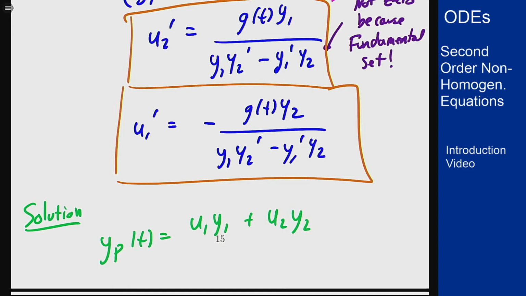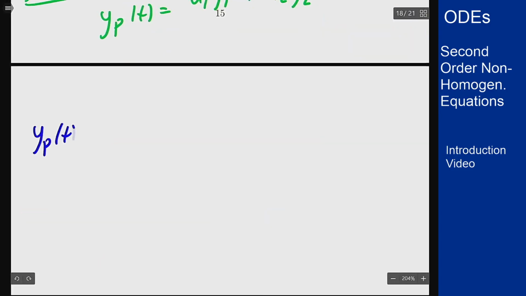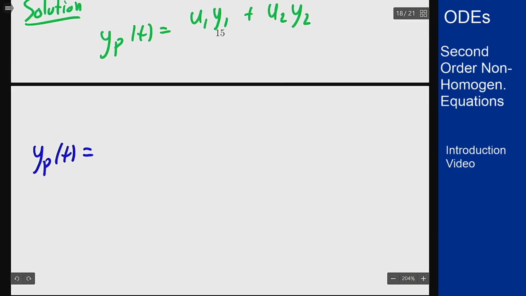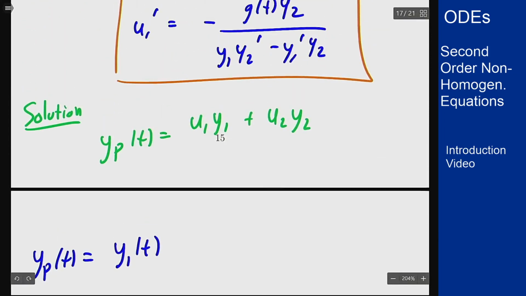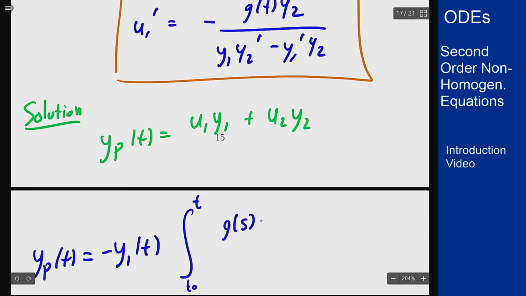In terms of integrals and sort of written out formula, it would look something like this. Our yp of t is going to be u1. I'll put the y1 of t in the front. And then u1 is the integral of that expression there. So a negative sign, integral from some convenient t0 up to t, g of s, y2 of s, over this Wronskian expression of s.